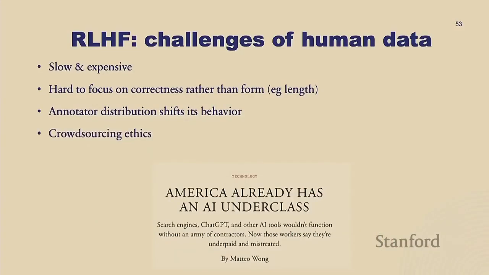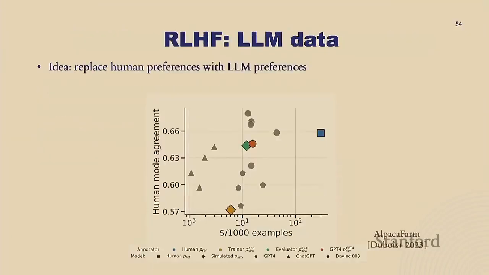Another question is crowdsourcing ethics. A lot of the labeling that is done, the people who do it are not paid well, and they have to go through a lot of toxic data because you want the model to avoid saying toxic things. So many challenges with human data.